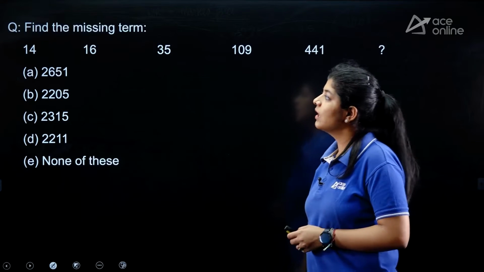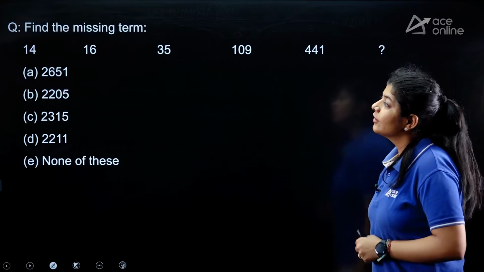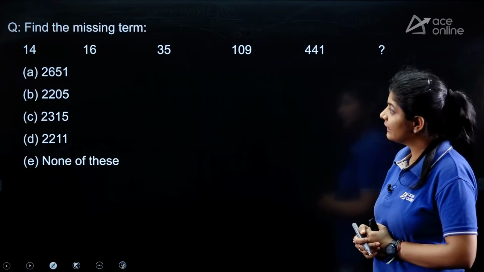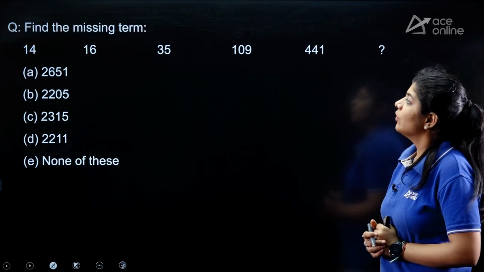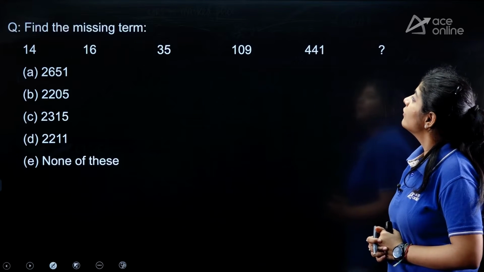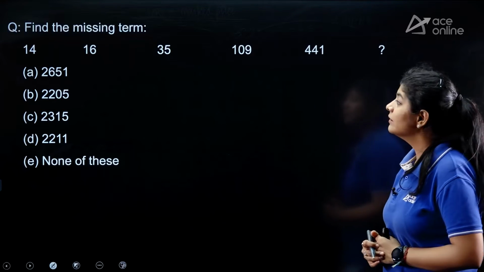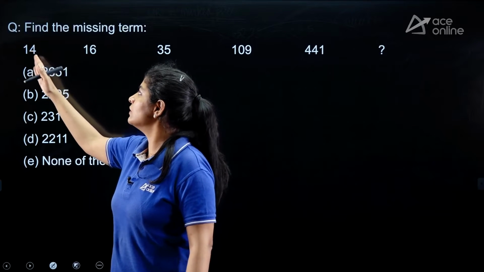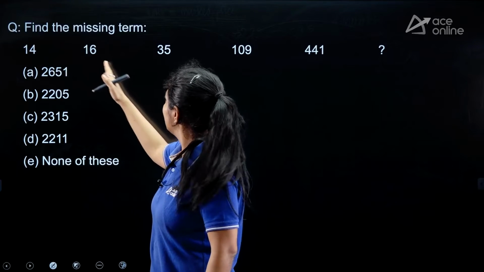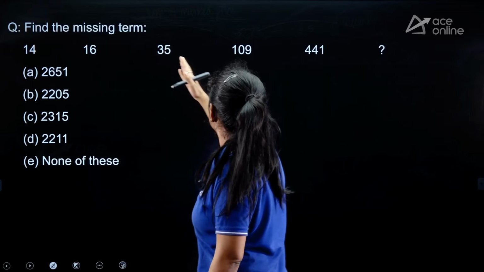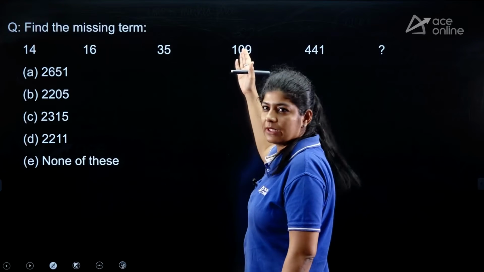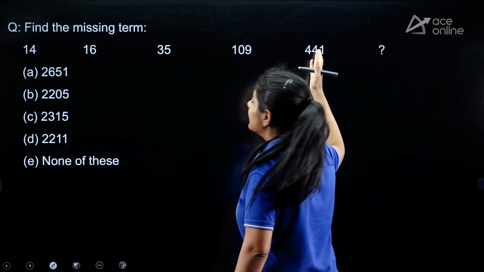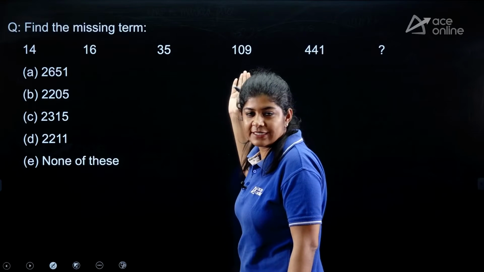Next. The next question says 14, 16, 35, 109, 441 and the question mark. If you see here, it is almost a multiple of 1, a multiple of 2, here it is almost a multiple of 3, here a multiple of 4. We can see it, right?